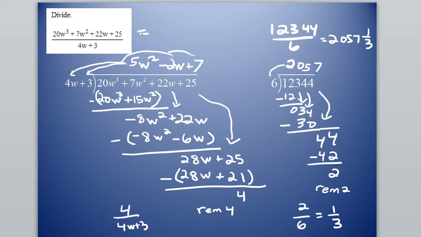So the answer to this question is 5w squared minus 2w plus 7, and then plus this 4 over the same 4w plus 3.